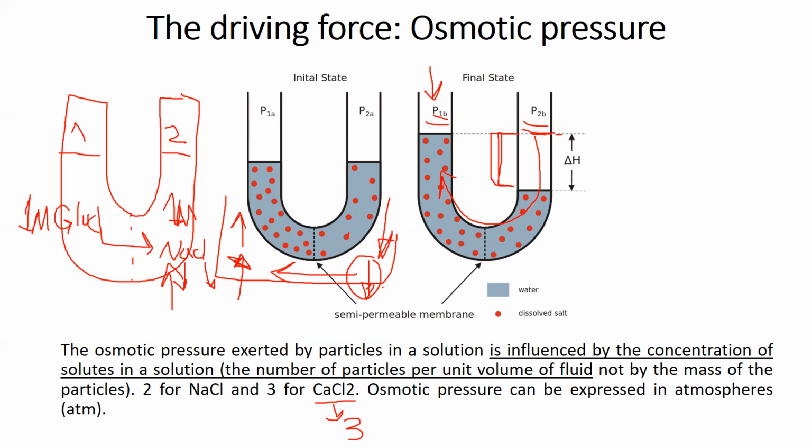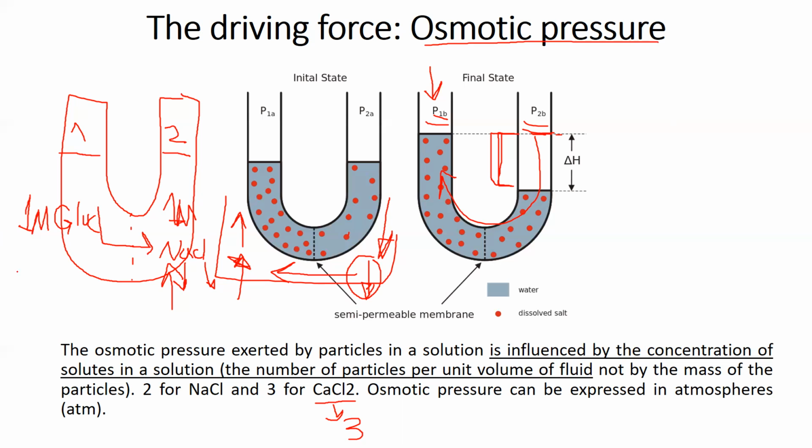So water will move according to the osmotic pressure. The driving force for movement of water is the osmotic pressure, which is created by the number of particles, not the size of particles, okay?